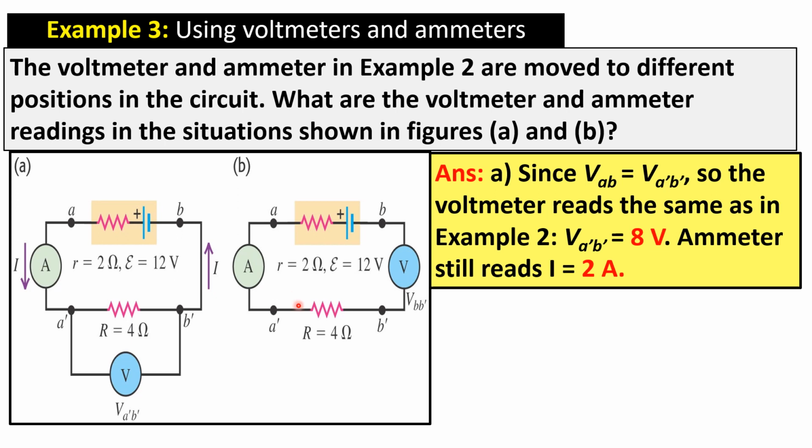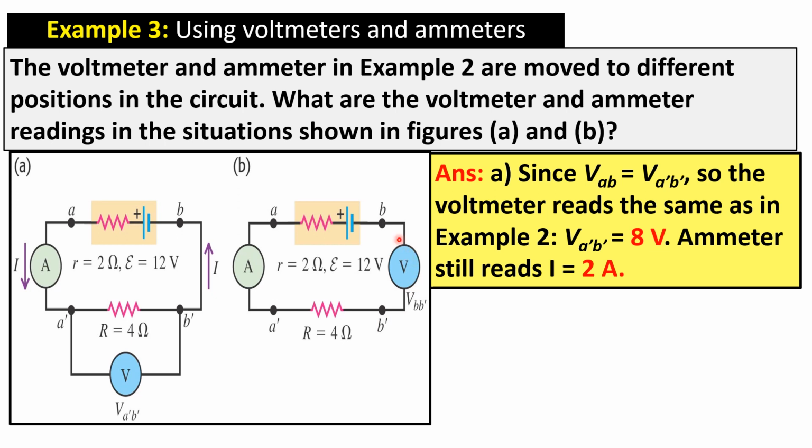Now, in illustration letter B, notice how the voltmeter this time is connected. It is connected in series to the whole circuit. In short, it is located between point B and point B prime.